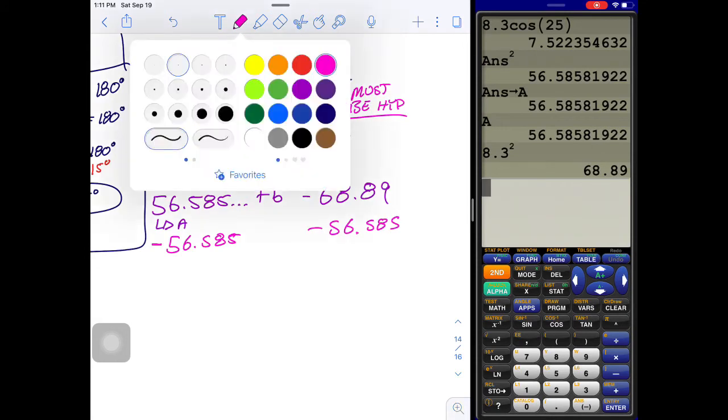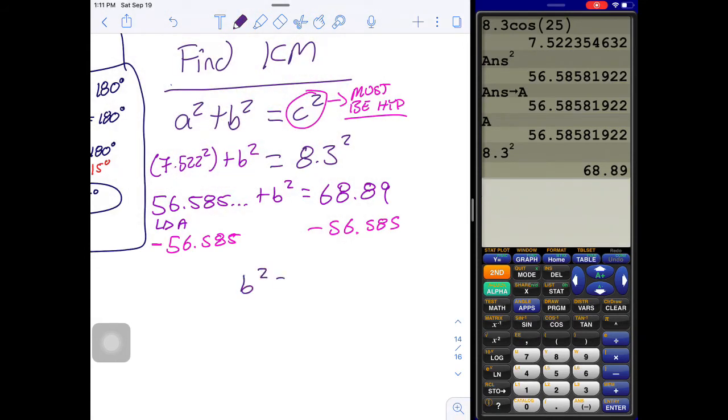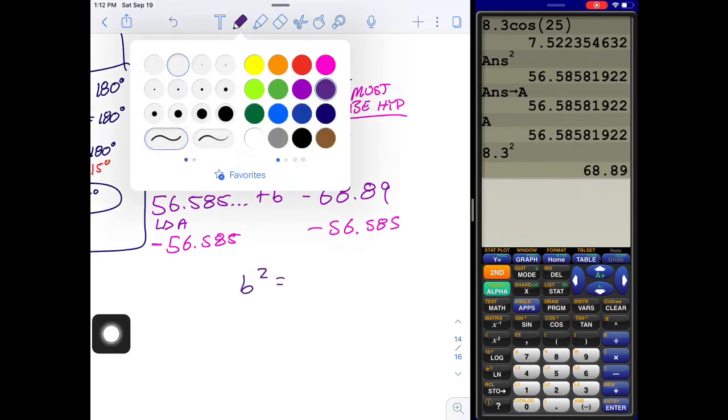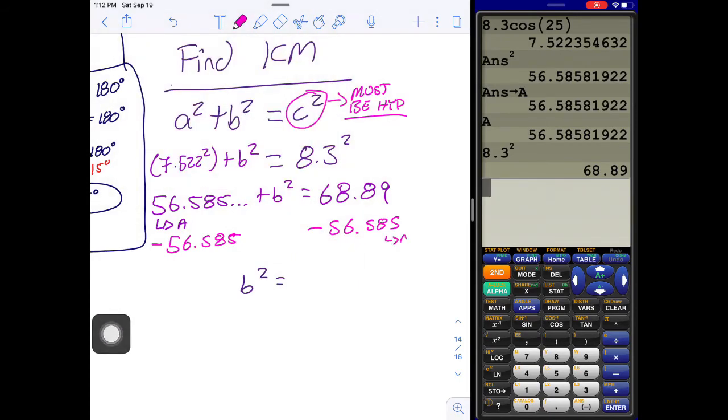Okay, and I'm going to get b squared equaling, and remember, I'm not using this number, I'm using this gigantic number. So anytime I need to manipulate using 56.585, I'm just going to actually go alpha A, because this is representing A. Okay, so I'm actually going to plug in A here. So let's see it in my calculator.